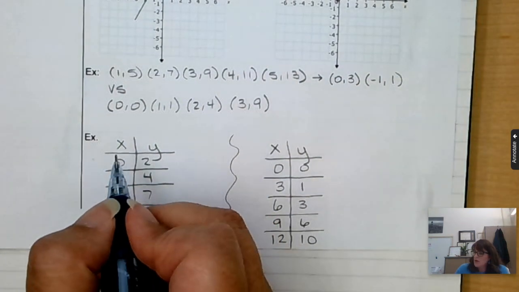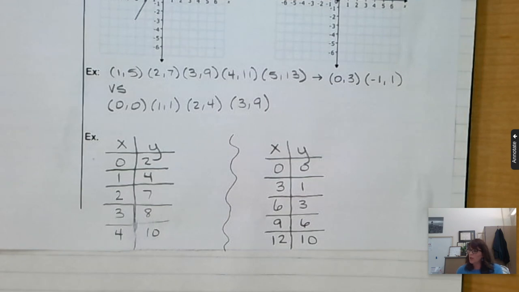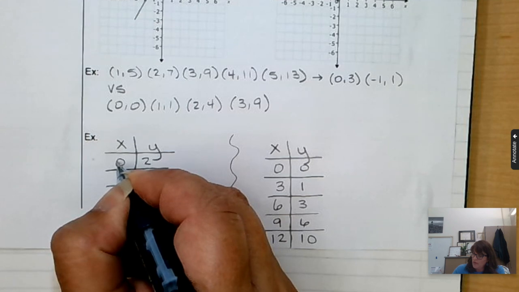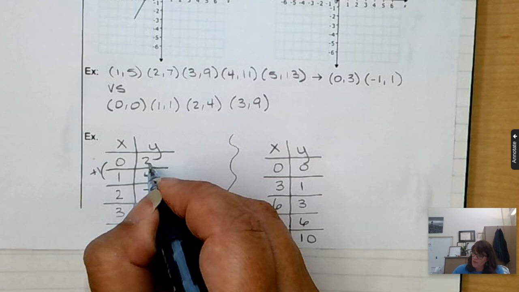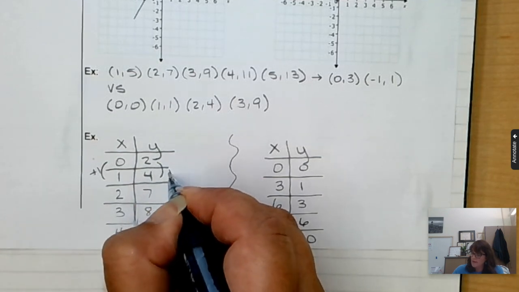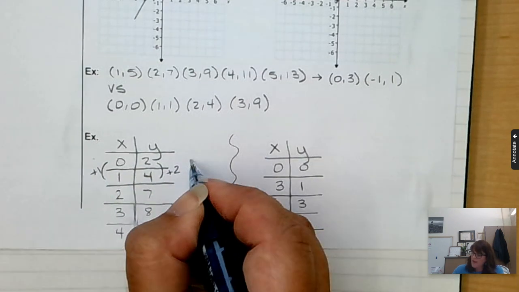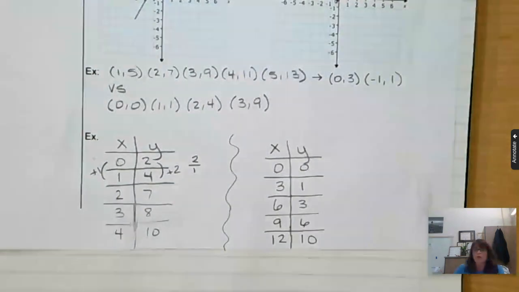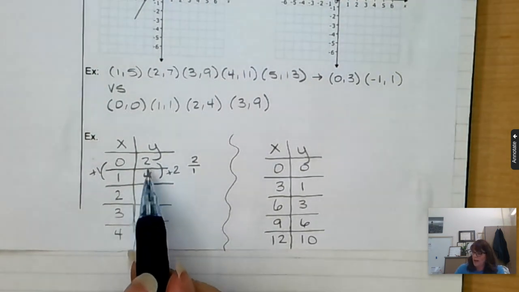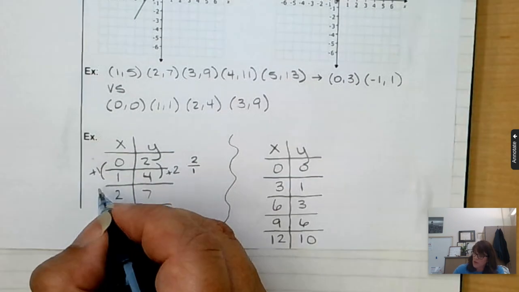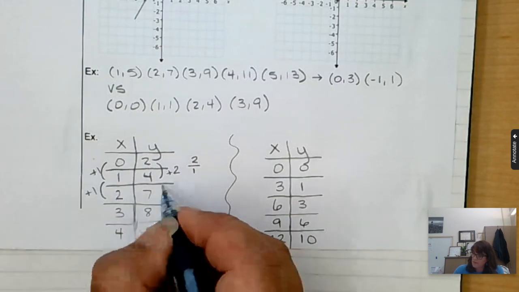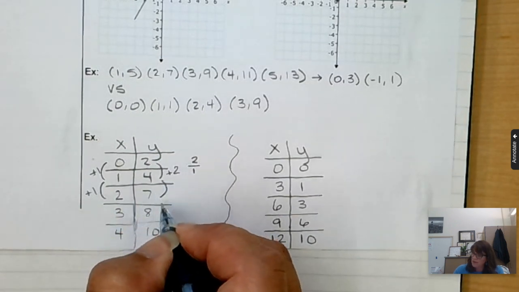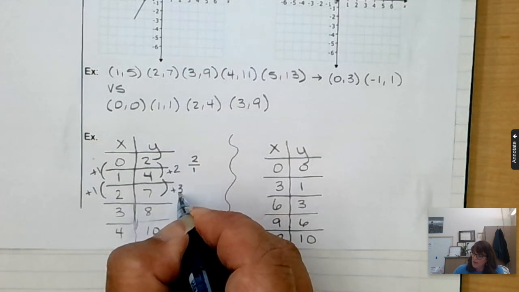All right, so we're looking for the change in output, y, versus the change in x. Well, to go from this x to the next one is +1. To go from this y to the next y is +2. So that change could be marked as 2 over 1. Change in y over change in x. To go from this one to this one, +1. To go from this one to this one, +3.